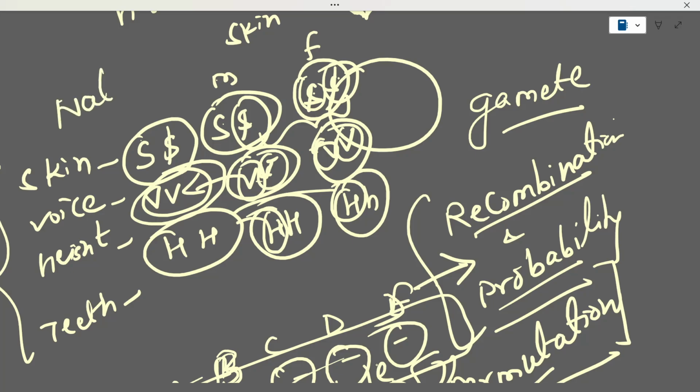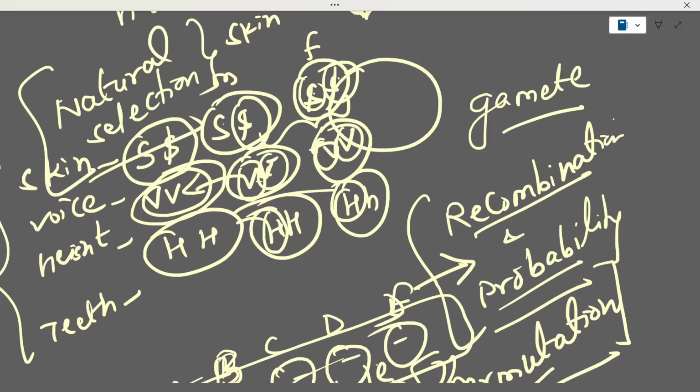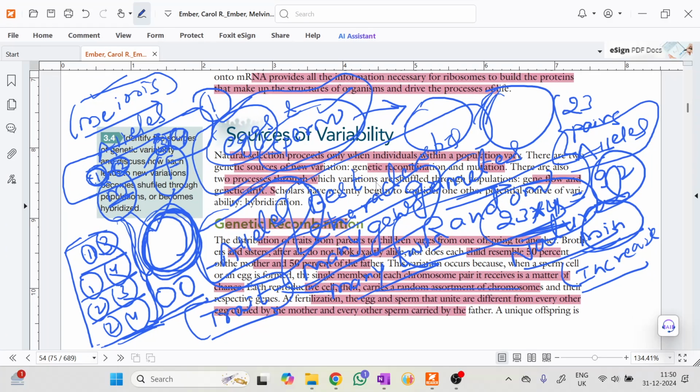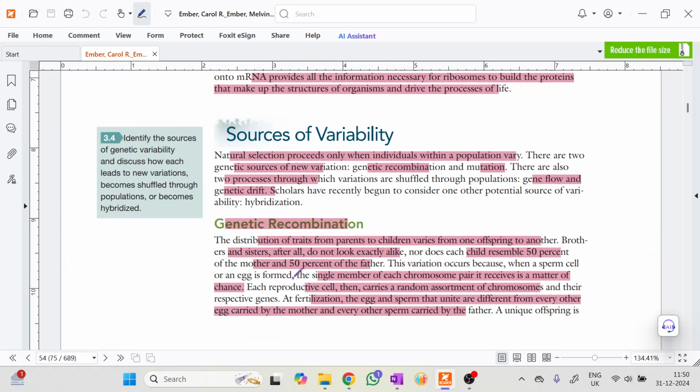This is how natural selection takes place in the process of inheritance of gametes, which is known as meiosis, and this is how genetic recombination is done. So which single member of each chromosome pair it receives is a matter of chance, and each reproductive cell then carries a random assortment of chromosomes and their respective genes.